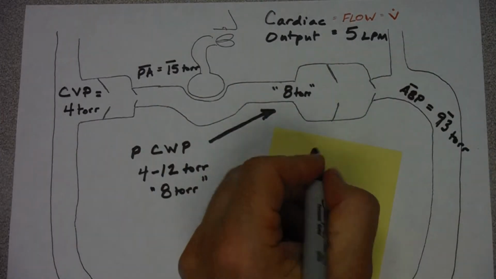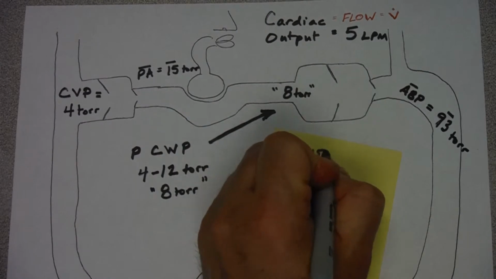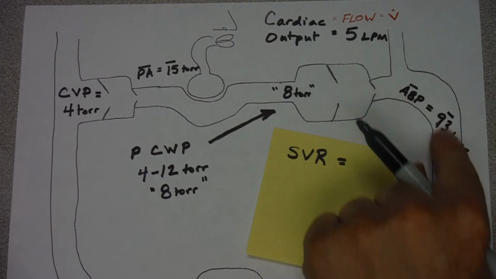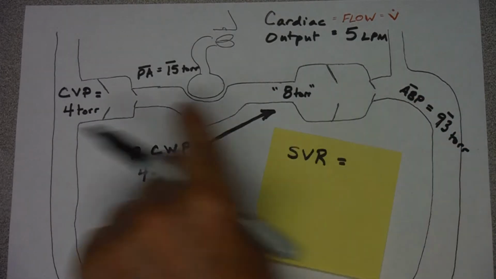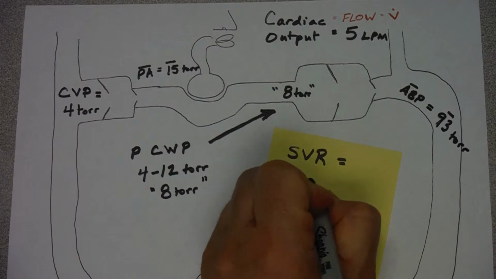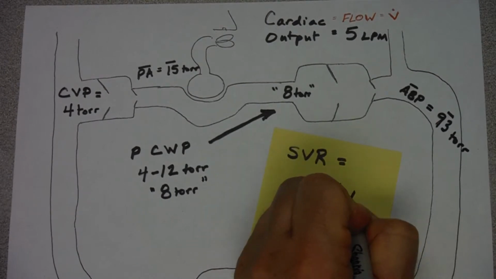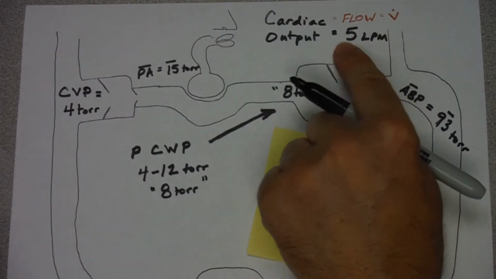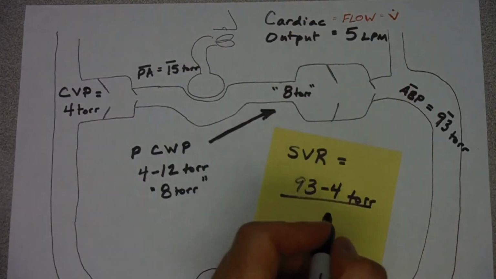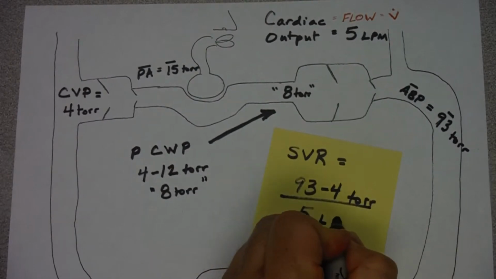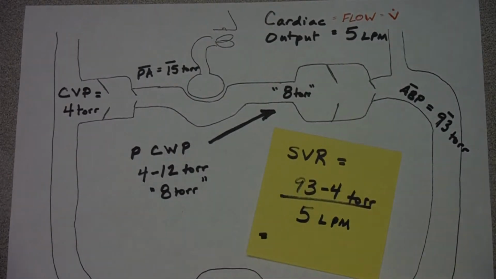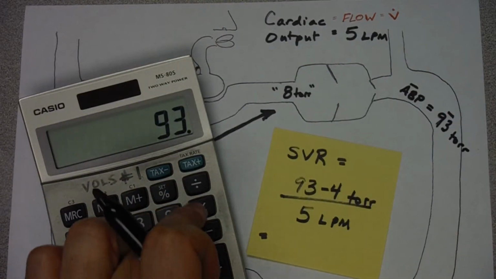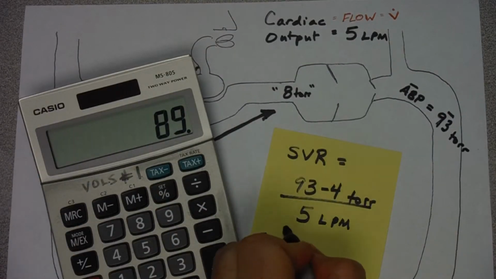If we're going to do it systemically, we're going to call that the systemic vascular resistance. The systemic vascular resistance has the pressure gradient, the delta P, which is going to be 93 torr minus 4 torr. So we've got the delta P over the flow. The flow rate is going to be 5 liters per minute, just because that's what I'm telling you it is. We get our trusty calculator. We do the math. 93 minus 4 equals 89.